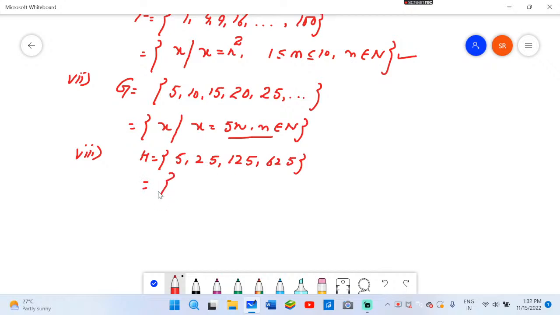Very easy. It is x being a general element such that x is 5 raised to power n, and here n can take maximum value 4 and minimum 1. n belongs to natural numbers.